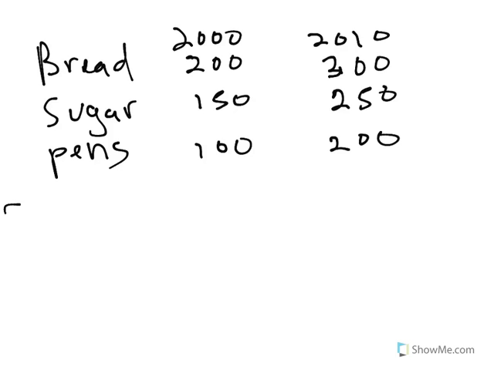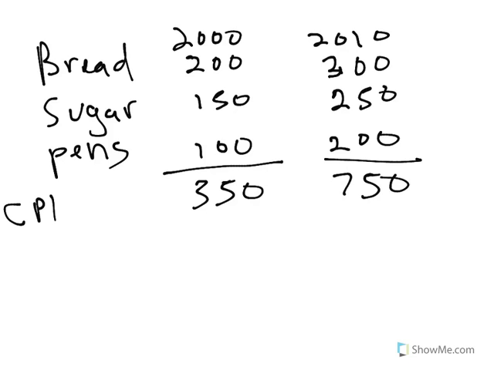Now, the CPI, what it does is it calculates the exact percentage. The first thing that we do is we add these together. 200, 150, and 100 is 350. This one, 300, 250, 200, that is 750.